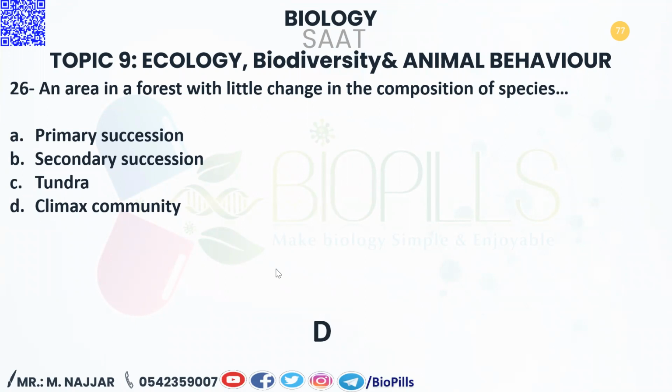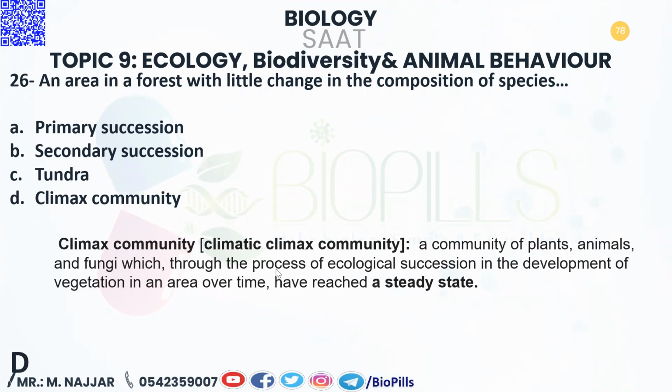Why? Actually, the climax community is a community of plants, animals and fungi that, through the process of ecological succession that we just mentioned, in the development of the vegetation in a specific area over time, will reach a steady state.